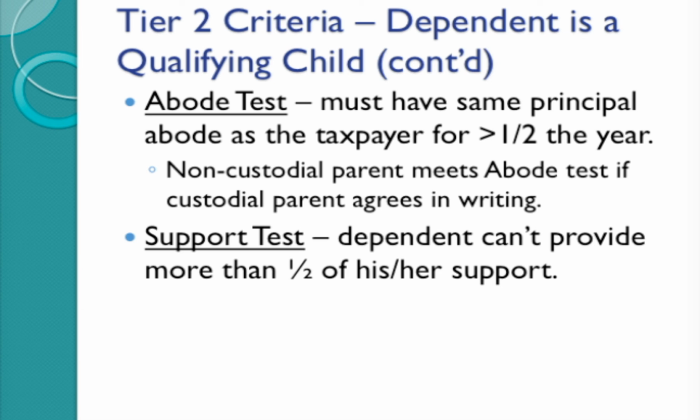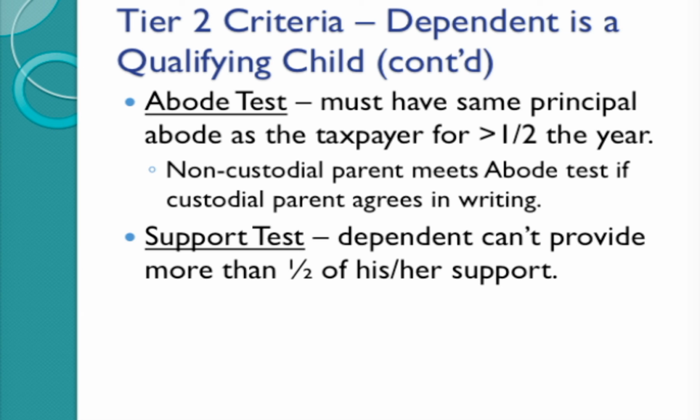These are parts 3 and 4 of the qualifying child test. The support test here, the slide is a little bit confusing, only because I think it would be more correct to say that a dependent is not providing or does not provide more than half of his or her support.